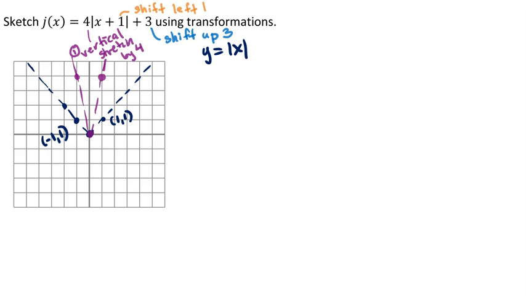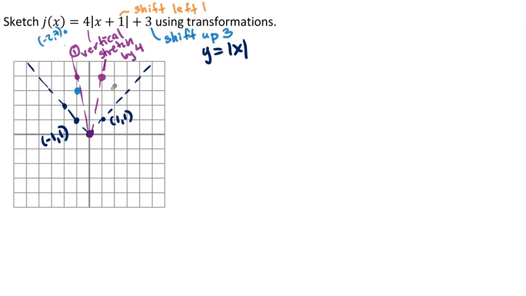So if I start with the corner at (0, 0) and go left 1, up 3, I will end up at (-1, 3). If I pick up this left point at (-1, 4) and go over 1, up 3, it will end up at (-2, 7), which again is off the grid, but we'll try and do a good job and we'll label that carefully to make sure that it's clear.